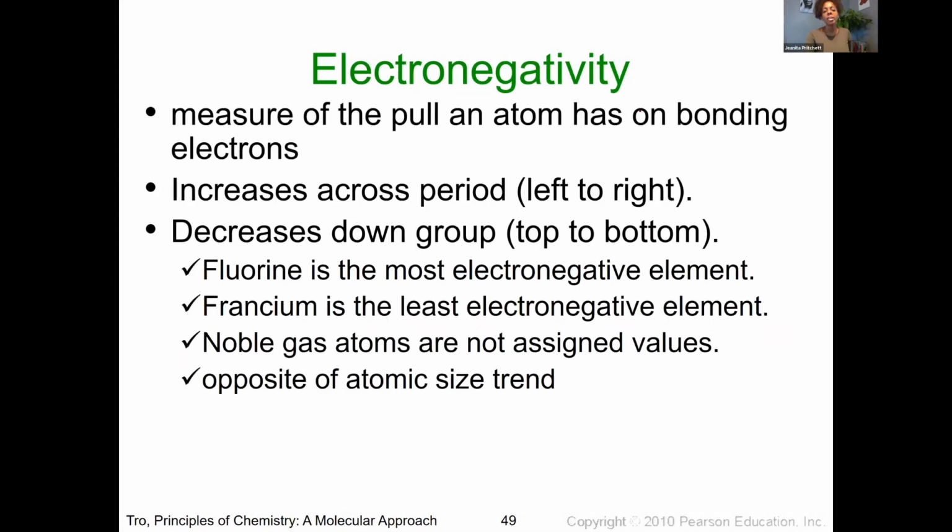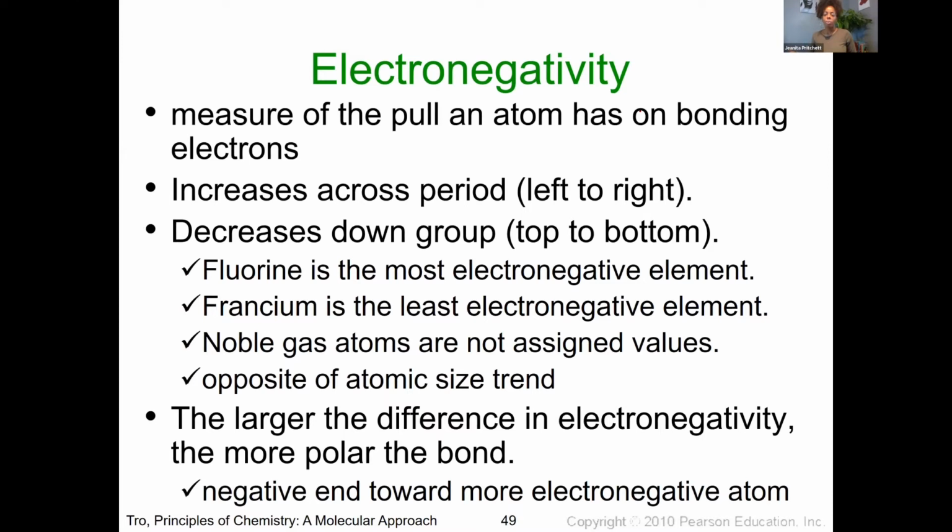Now, the big thing that plays into understanding whether a polar bond or ultimately an ionic bond will occur is the concept known as electronegativity. Electronegativity is an atom's ability to pull electrons toward it. If we think back to how our trends are set up, electronegativity increases across the period towards your nonmetals.